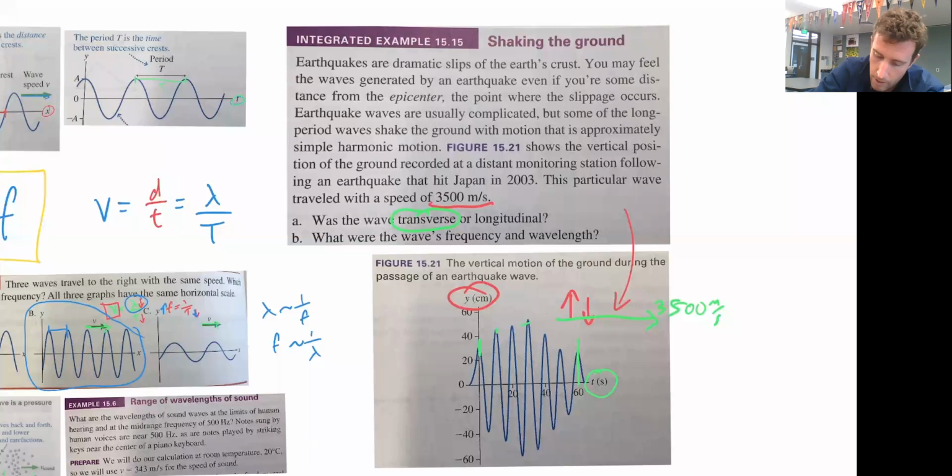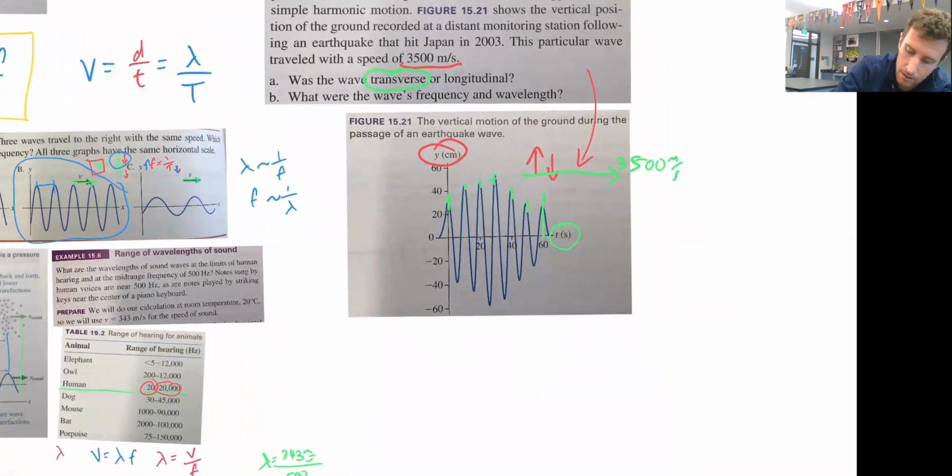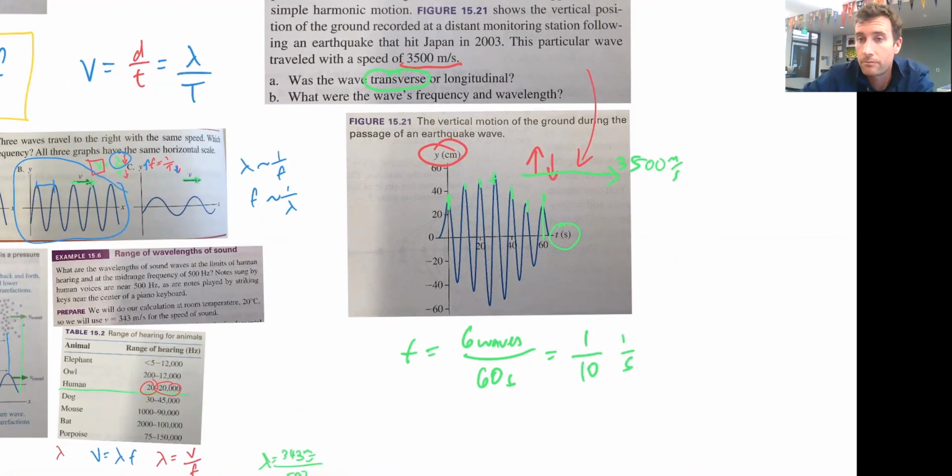And then I go 1, 2, 3, 4, 5, 6 waves in 60 seconds. So the frequency is 6 waves per 60 seconds, which would be 1/10 1 over seconds. The unit for frequency is 1 over seconds, or hertz, which is 0.1 hertz.